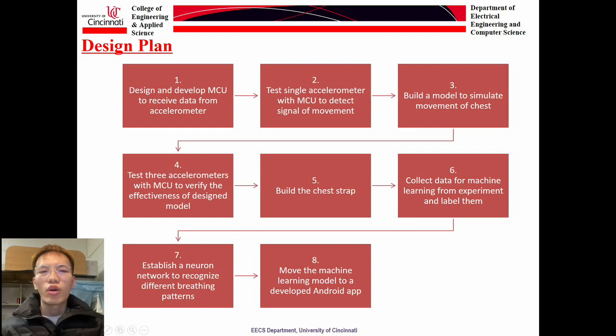Next, we will collect the training data from experiments and label all the data. In step 7, we will build a neural network to train a model which can classify different breathing patterns. And finally, we will move the whole neural network to the Android app. That's all. Thank you.